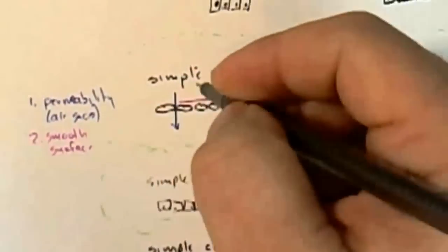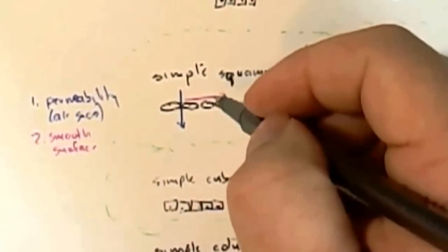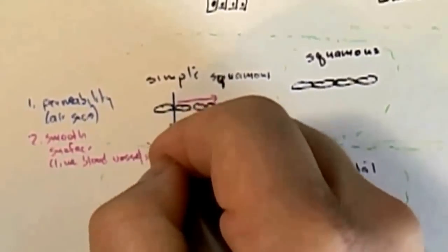The other thing I may really want is a smooth surface for something to flow along. And that's why you use this type of tissue, simple squamous, to line the inside of blood vessels. Another example of that would be the endocardium of the heart.